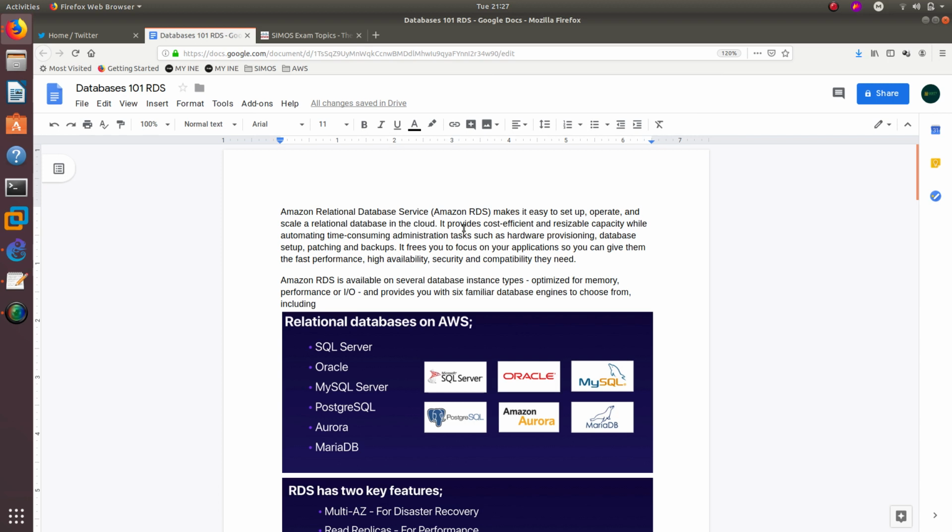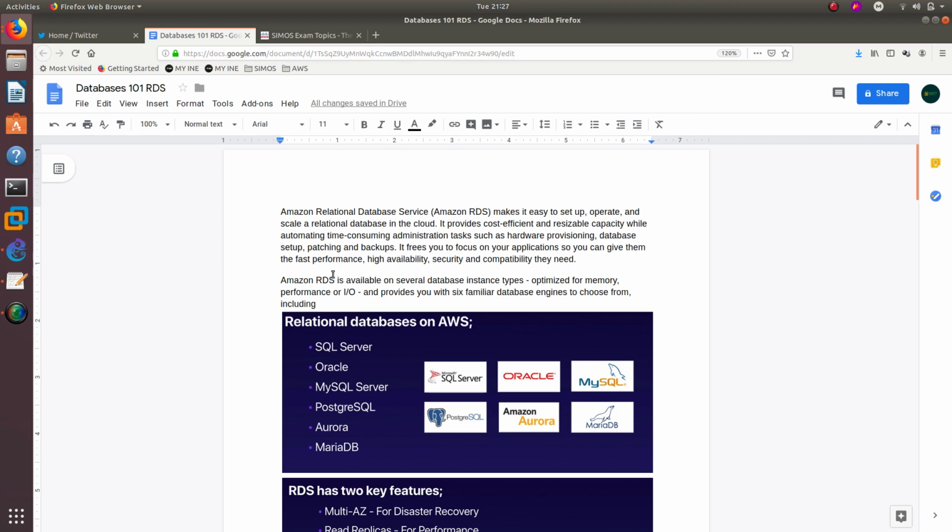It provides a cost-effective and resizable capacity while automating time-consuming administration tasks such as hardware provisioning, database setup, patching, and backups. It frees you to focus on your applications so you can give them the fast performance, high availability, security, and compatibility they need.